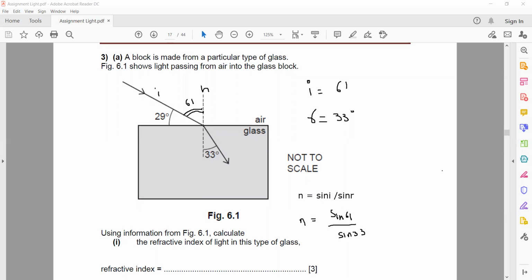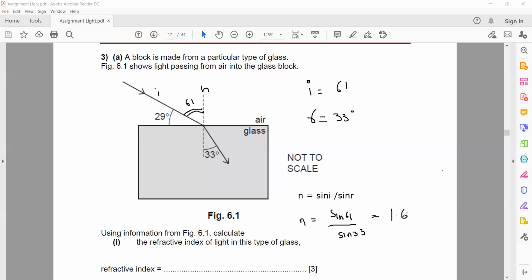What's the answer? It's not 61 divided by 33, it's sine 61 divided by sine 33, which is 1.6.